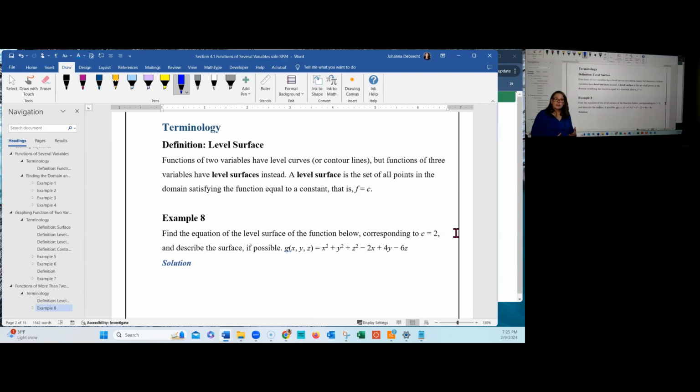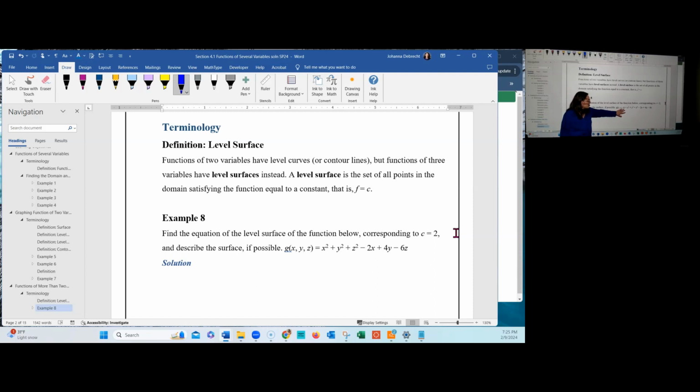And this corresponds to the fourth variable, the dependent variable, being set equal to a constant. So a level surface is the set of all ordered triples x, y, z that satisfy the function equal to a constant. We want to take a look at this function here.